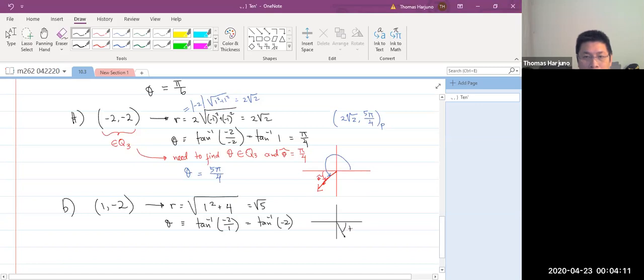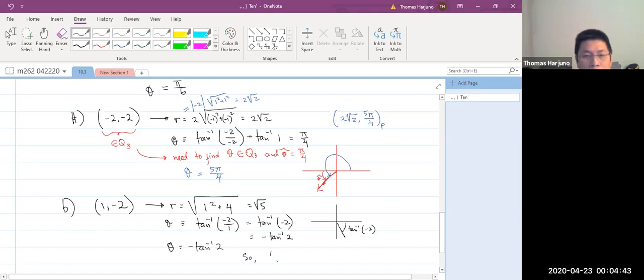This is tangent inverse of -2. But we know from trigonometry, tangent inverse is an odd function. You can write this as negative tangent inverse of 2. Okay, it happens to be in the correct position. It's in quadrant 4 or quadrant -1. So we just call it theta equals negative tangent inverse of 2.